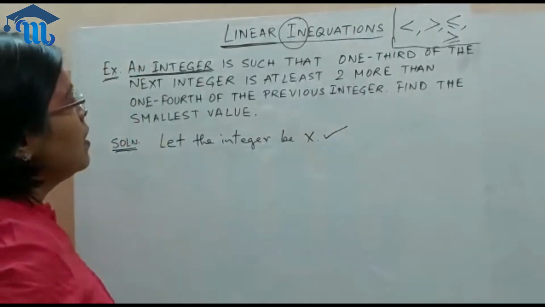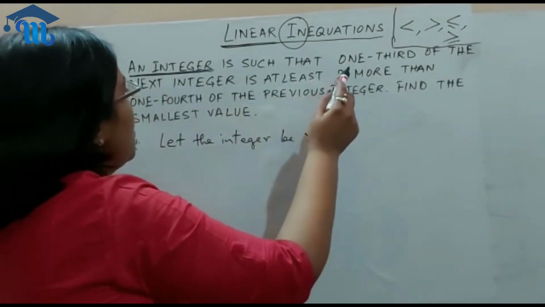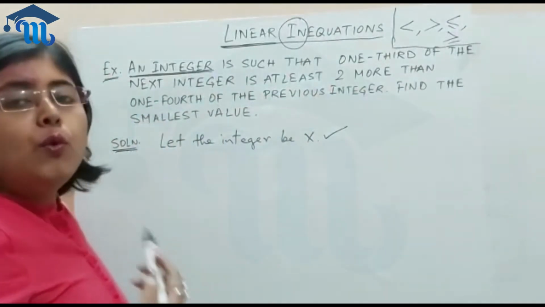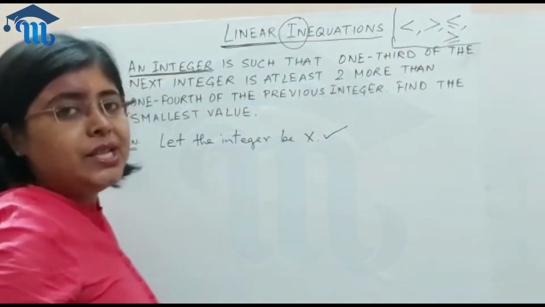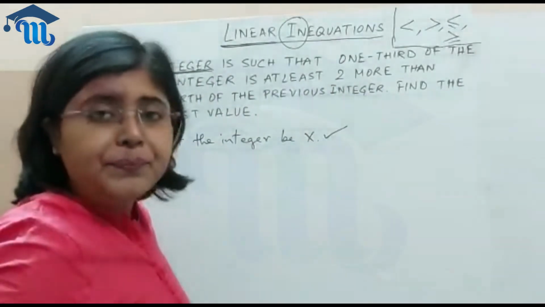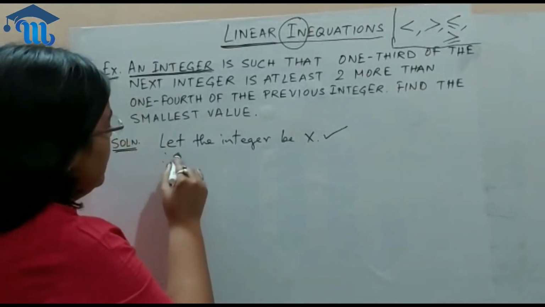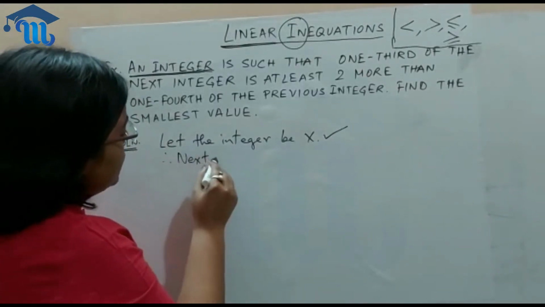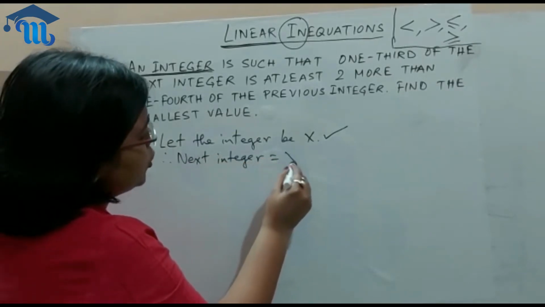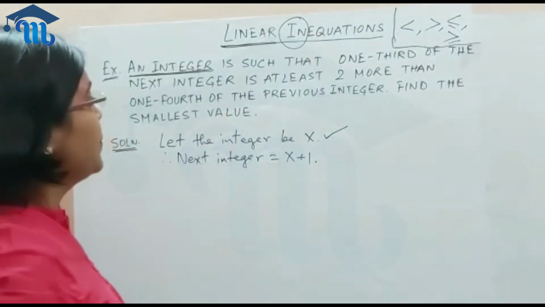Okay. Now moving forward, it is said that it is such that 1/3 of the next integer. Before we move on to 1/3 of the next integer, let's first identify how we can define the next integer. Therefore, the next integer is definitely going to be x plus 1. I hope you all agree with me on that, right?